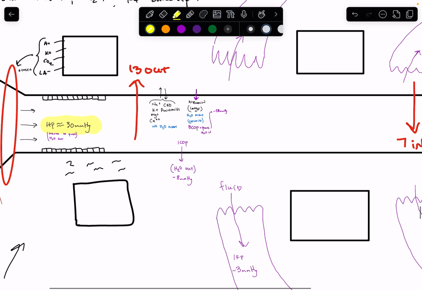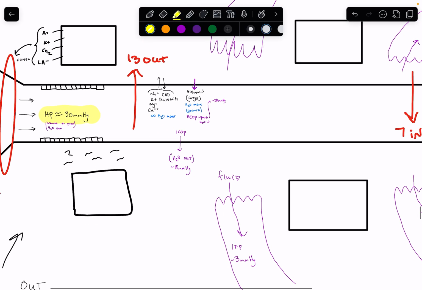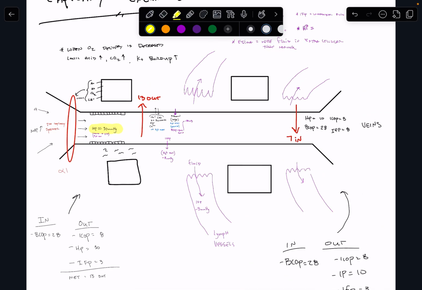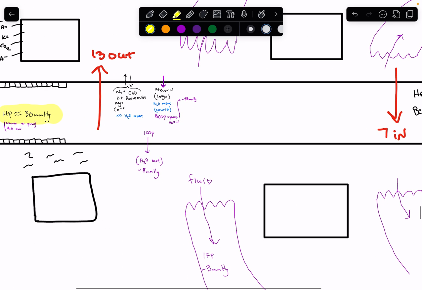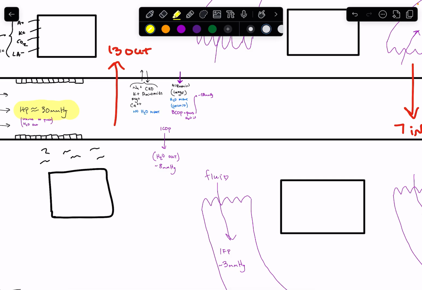So we have a couple different forces that want to push things out. We have something called the hydrostatic pressure, and then we have something called ICOP. ICOP stands for interstitial colloid osmotic pressure. And again, that also wants to push water out at about 8 millimeters of mercury.